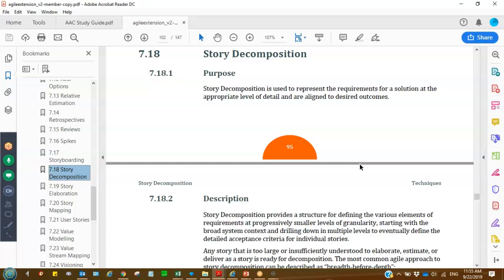You're always going to have to drive down to the lowest level of detail for any particular task that you're working on. But as those things roll up, you may be at the very low level tasks for one feature, and you may be higher up the chain for another feature or set of features, so that ultimately you're going to roll it all up, but you don't have to be at the same level at the same time.